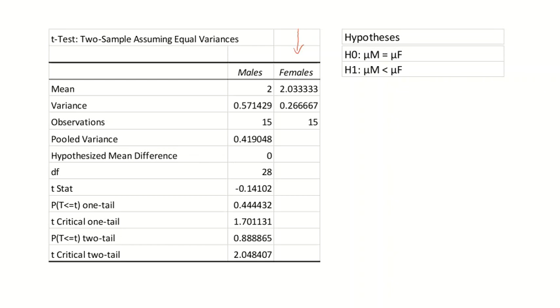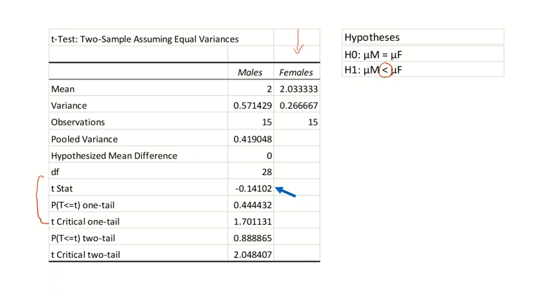So these are our hypotheses. Naturally, because we have a less than operation here, this is a one-tailed test. So we are going to focus on our one-tailed results here.